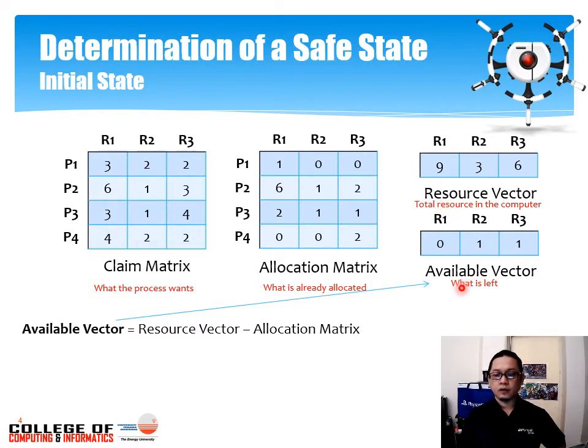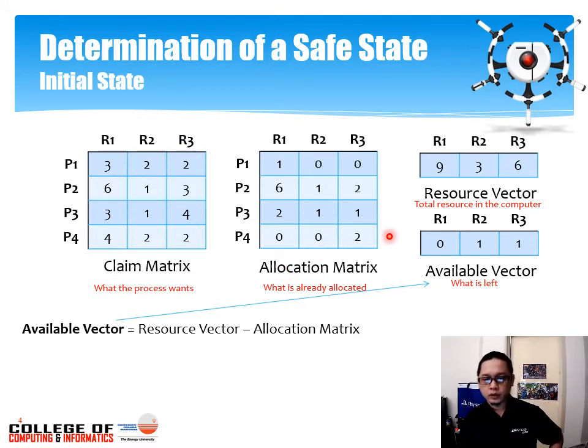And then you have the available vector, meaning after the resources are given to the processes, how many are left in the system. The calculation for the available vector is usually a subtraction: the resource vector minus the allocation matrix. The resource vector is the total number of resources inside the system, and the allocation matrix is what is already given to the processes.